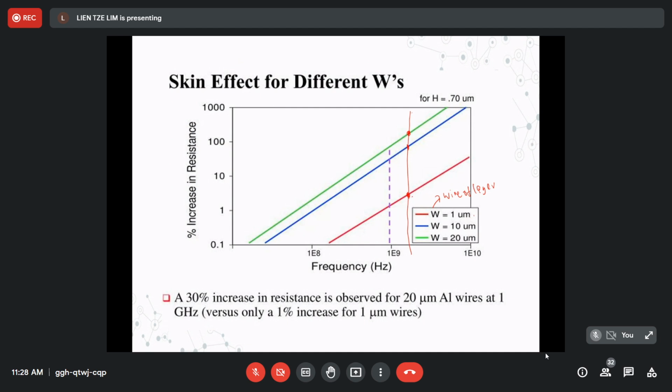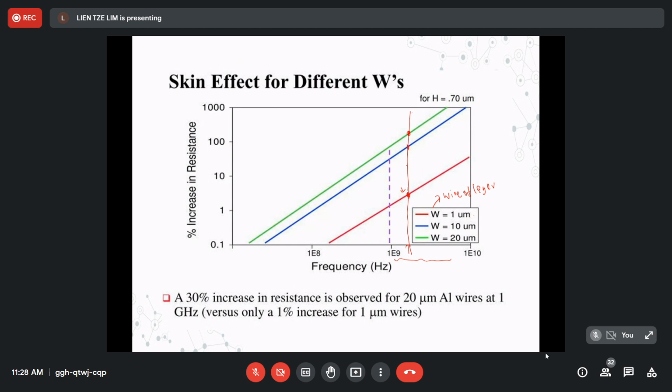For the width of layers that is small, the resistance is smaller at this frequency. You know what the value is, it is between 1 multiplied by 10 power of 9 to 1 multiplied by 10 power of 10.